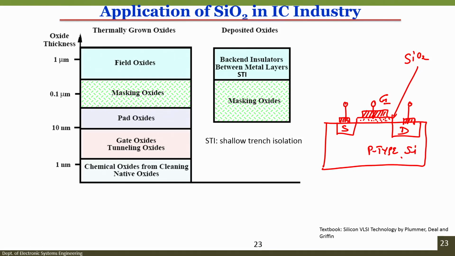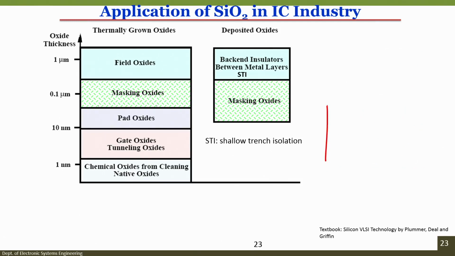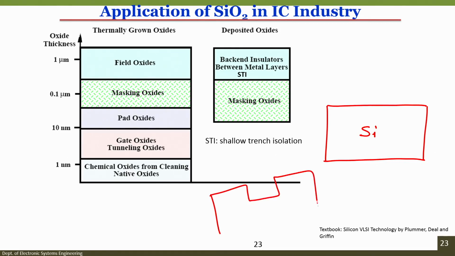Now, let us see masking oxide. Let us take an example. I have a silicon wafer, and I want to create a pit in the silicon wafer like this. There are two techniques to etch silicon: dry etching and wet etching.